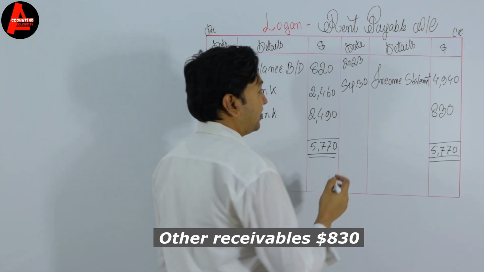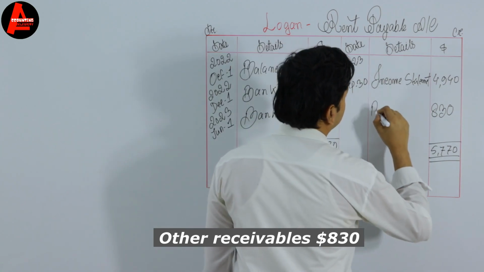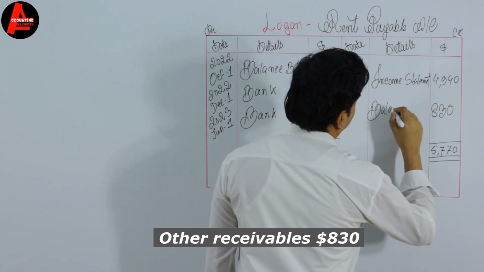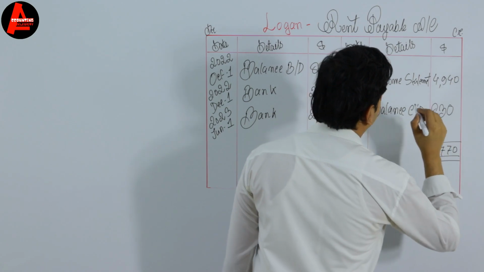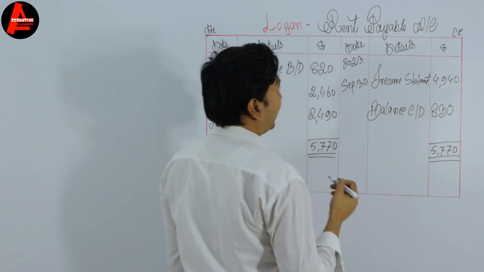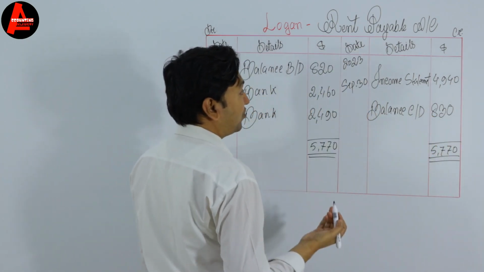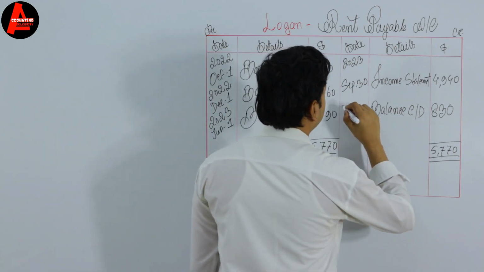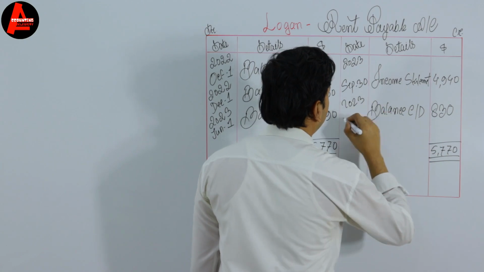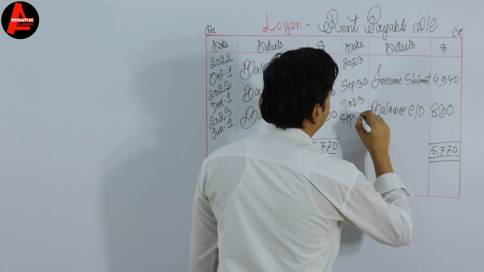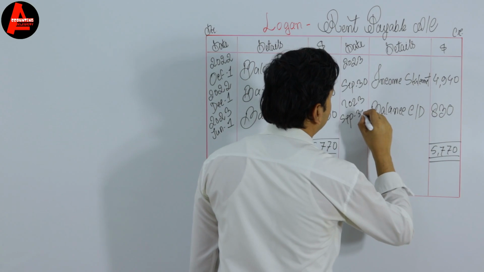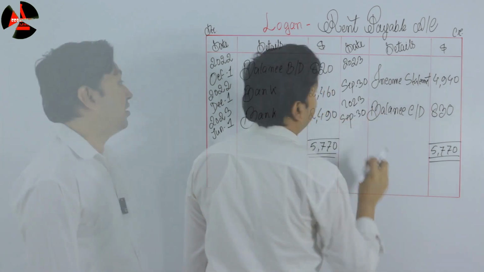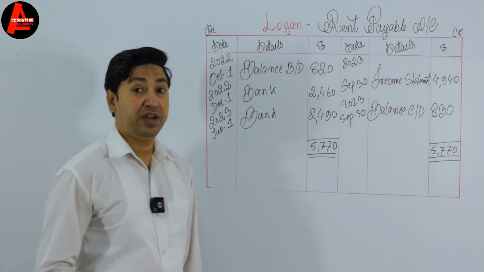We will write this amount as balance CD. CD stands for carry down. We write this balance CD on the last day of the financial period, which is 2023 September 30. Now we need to bring down the balance.